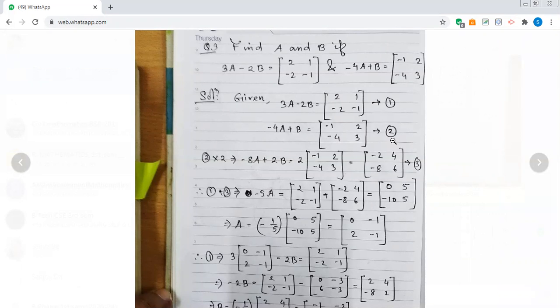In class 7, 8, 9, 10, simultaneous equations, isn't it? So that same concept should be used here, but the main thing is what? The right hand side term in both equation 1 and 2 are the same order matrices.